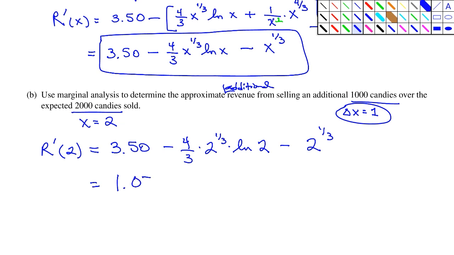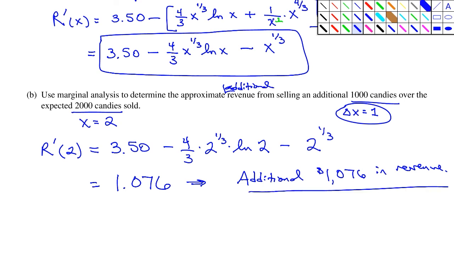You get 1.076, which means it's an additional $1,076 in revenue. That's not exactly what the revenue is, but that tells us approximately what the additional amount of revenue we would get if we increased our production from 2,000 candies to 3,000 candies. And it's in thousands because x was in thousands.